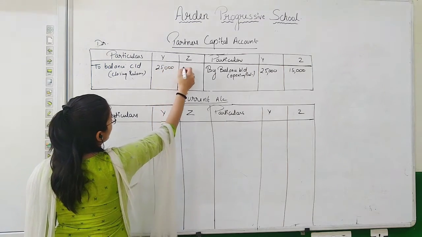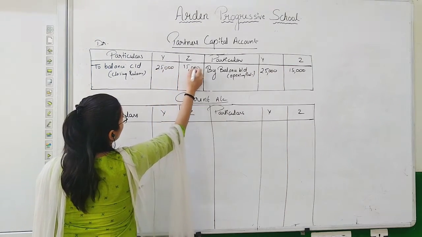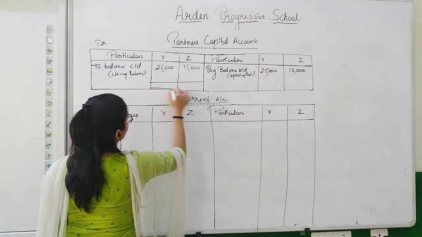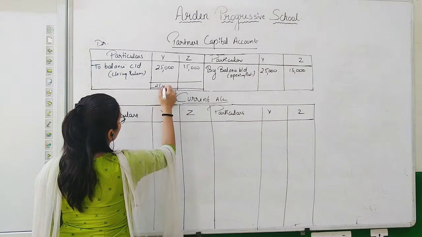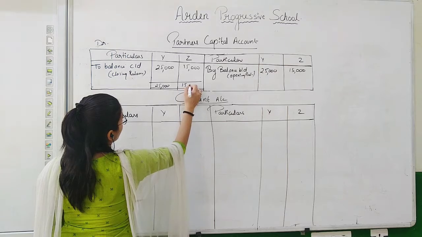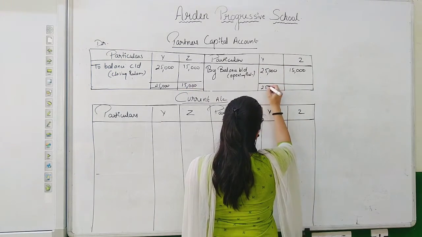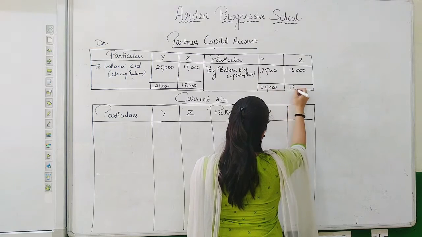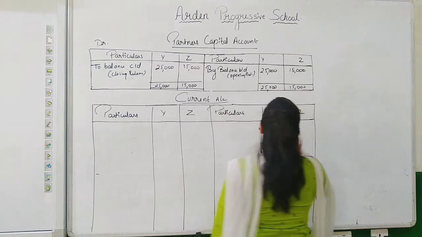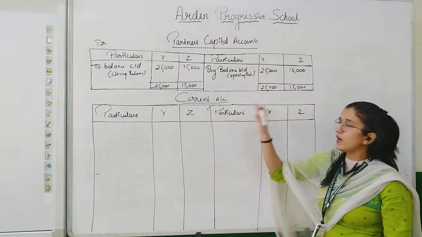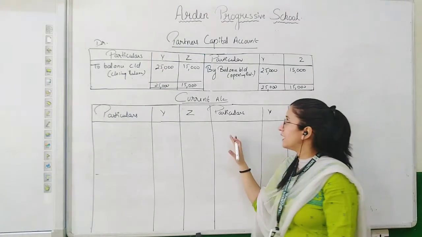Same amount, 25,000 and 15,000. So partner's capital account is maintained.